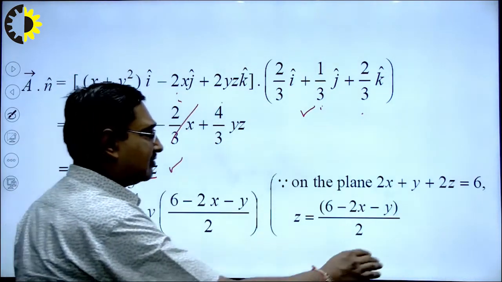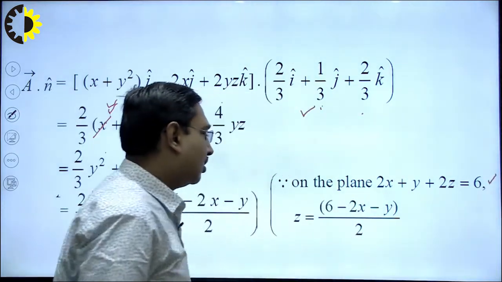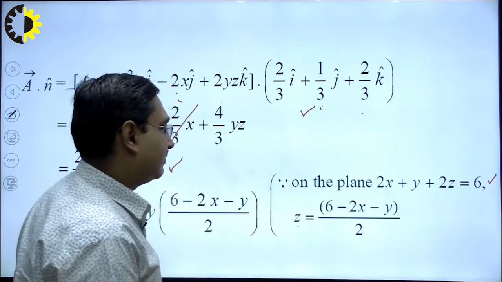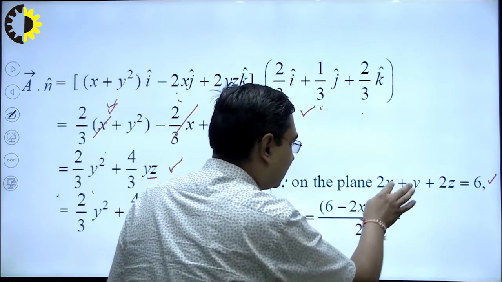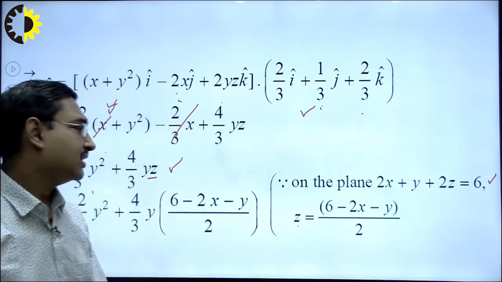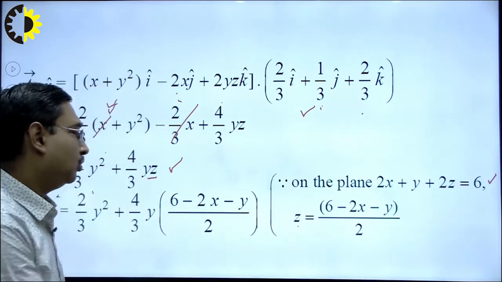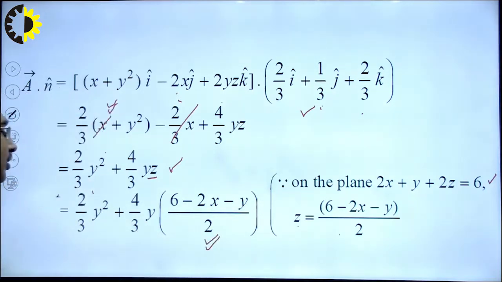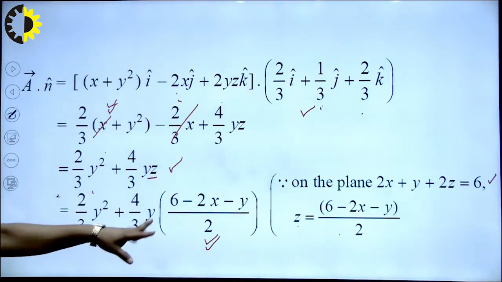The given surface is this plane. On this plane, z will be 6 minus 2x minus y upon 2. Transposing x and y towards the right hand side, I obtain z equal to 6 minus 2x minus y upon 2. This z will be replaced by its value. Now, we can simplify it.